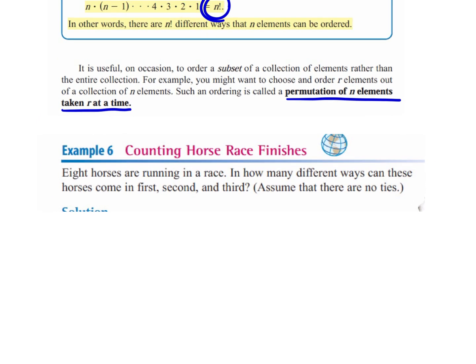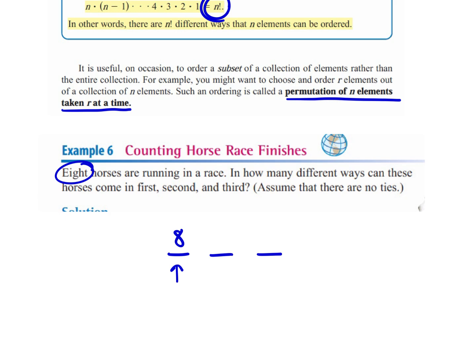It says 8 horses are running in a race. In how many different ways can these horses come in first, second, and third? So how many places do we care about? 3, first, second, and third. How many horses do we have that could finish in first? 8 horses. But let's say the red horse came in first. The red horse can't also come in second.